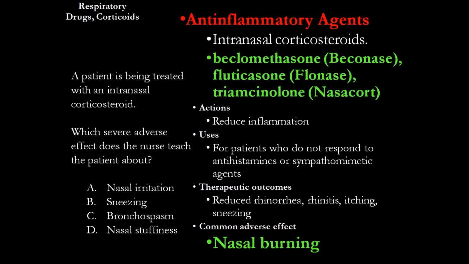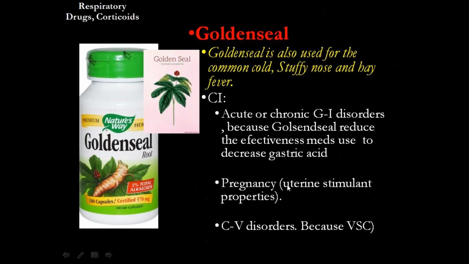We are going to talk about the anti-inflammatories. We have Beconase, fluticasone, or Flonase, sorry. Those are actually corticoids. The common adverse effect of these corticoids is nasal burning, so you need to tell the patient it's going to burn.